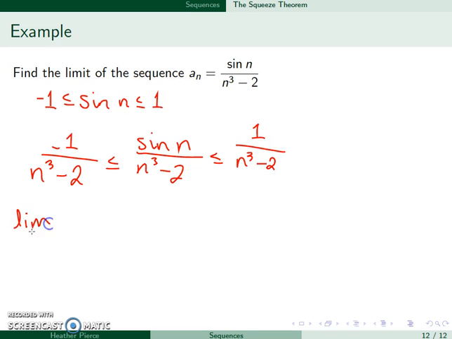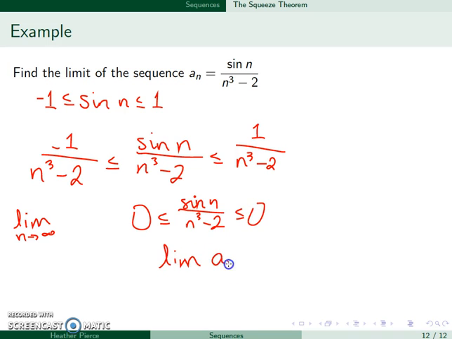And as I take the limit as n goes to infinity of these, I will get the limit of negative 1 over n cubed minus 2 is 0. And then the limit on the right is also 0. So the limit as n goes to infinity of a sub n will have to be 0.